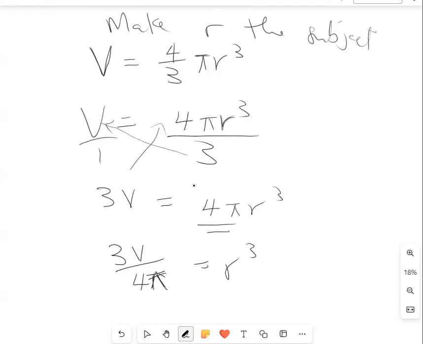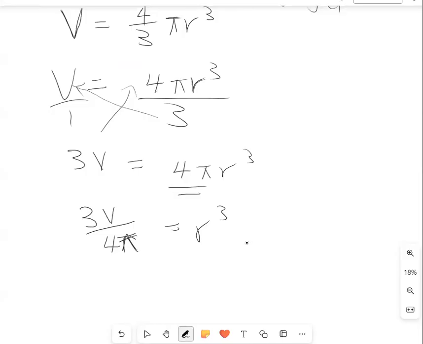And to get rid of this cube sign, we cube root both sides. So you end up with the cube root of 3V over 4 pi equal to r.